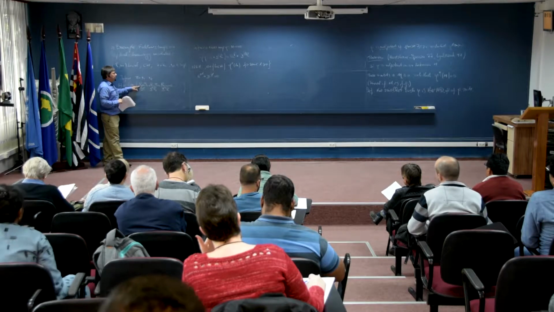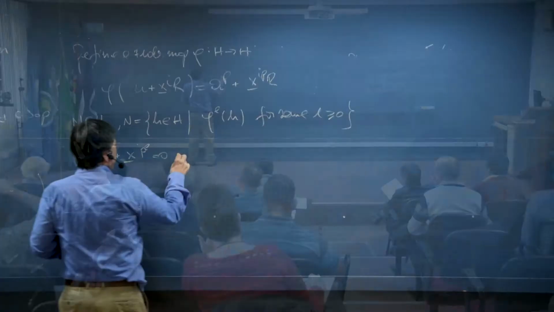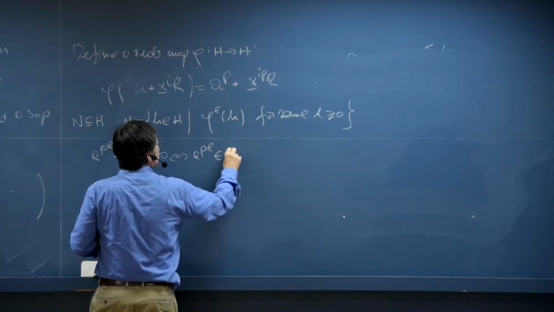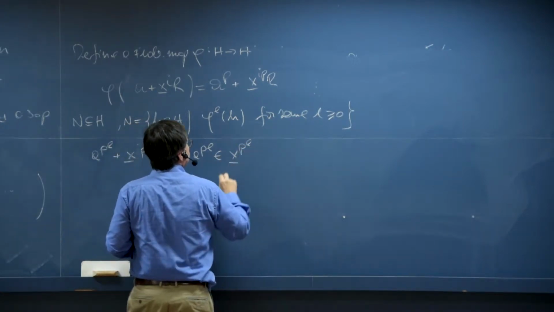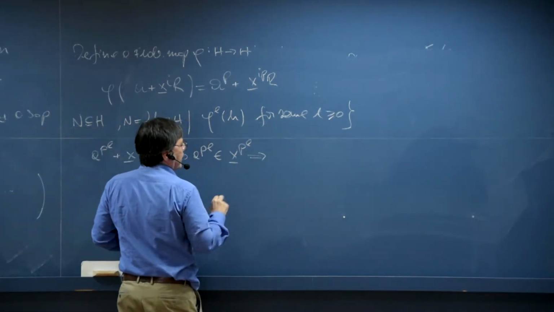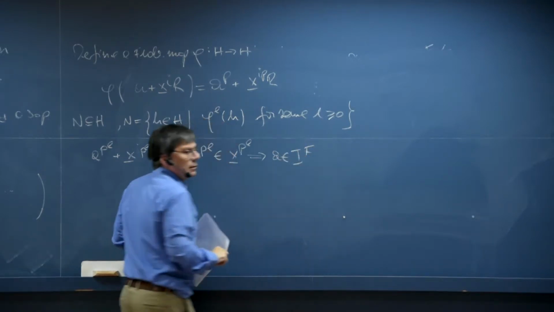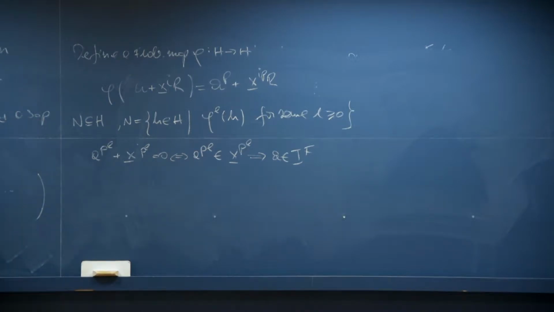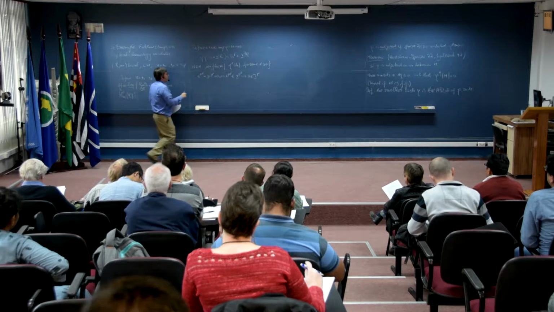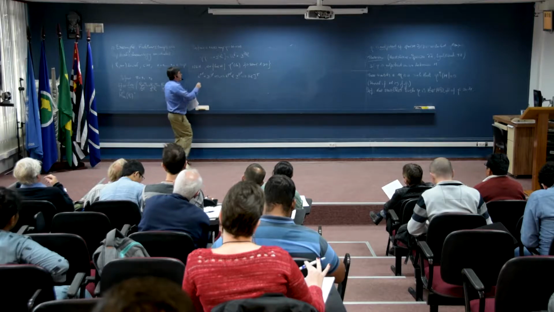So when do I get this vanishing for some value of e? This is the same thing as saying a to the p to the e is in x to the p to the e, which is another way of saying that a is in the Frobenius closure of I. And I can do the same calculation if I choose a representative coming from any one of these. So if I choose something in the ith piece here, I'm going to get this.